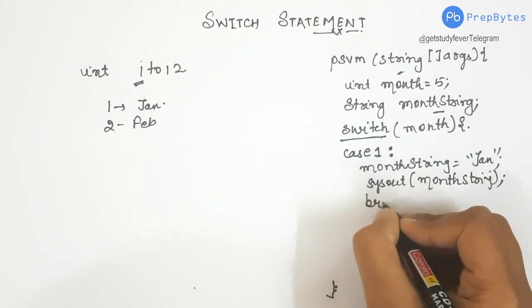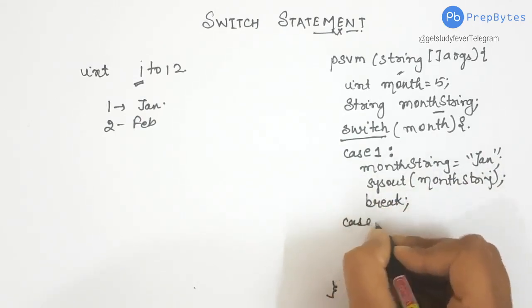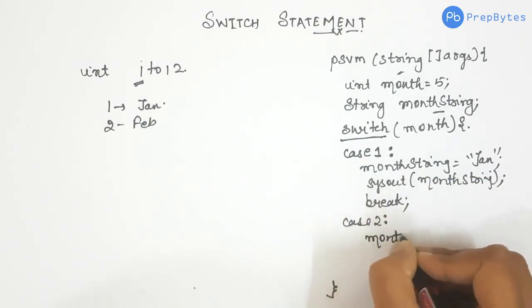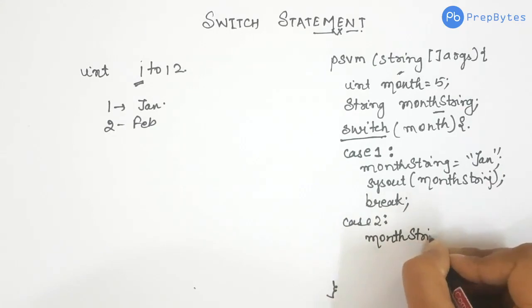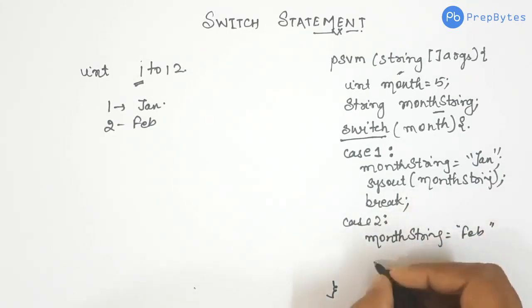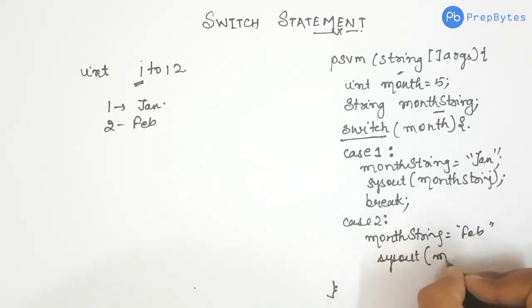Then we have a break. Then we have case 2. I'll tell you the use case. Month string equal Feb, sys out month string.